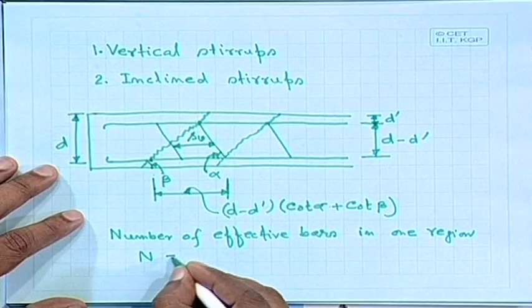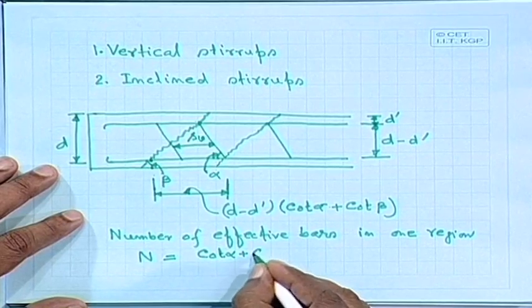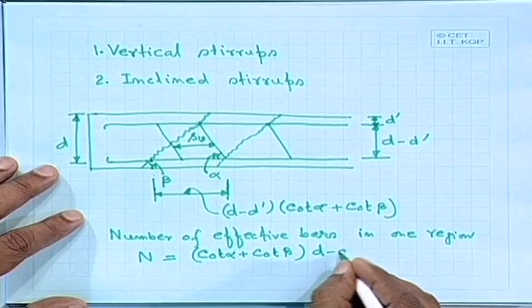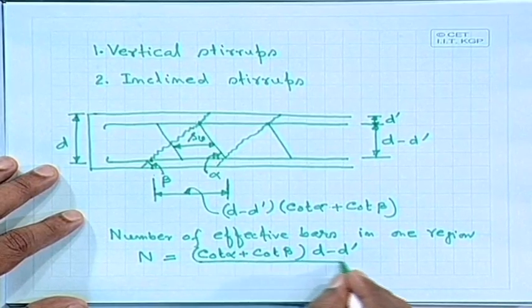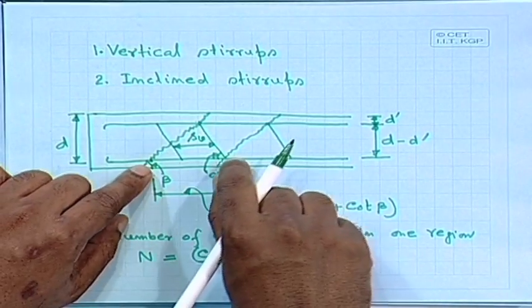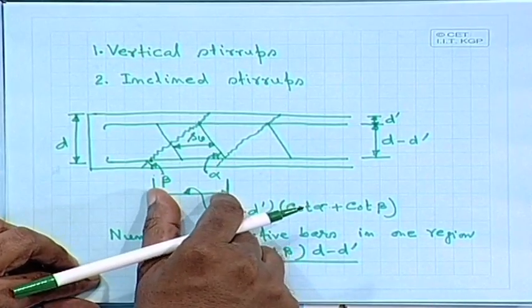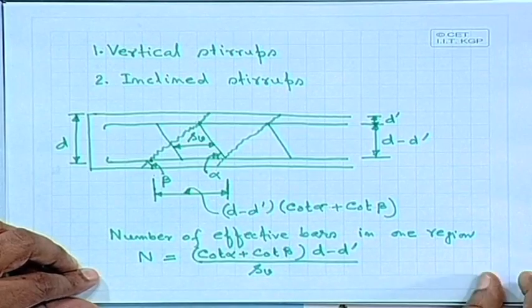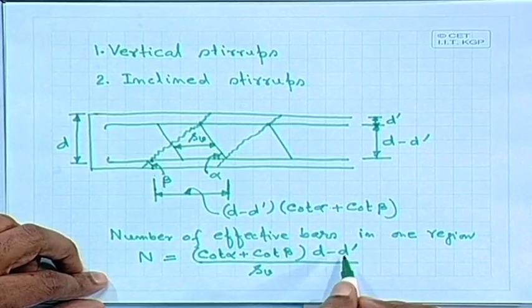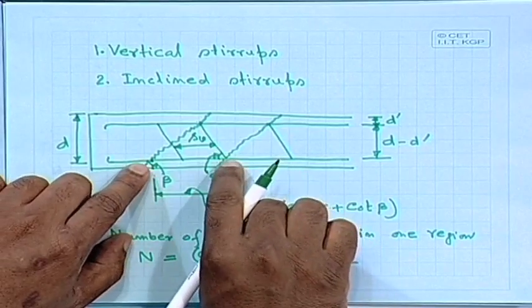So, N equal to cot alpha plus cot beta times D minus D dash divided by SV, the spacing of the inclined bars. That means you have to provide the bars within this region, and we get cot alpha plus cot beta because we are getting this horizontal length. So, here, instead of having D by SV, we are getting this formula, because we have to provide within this region.